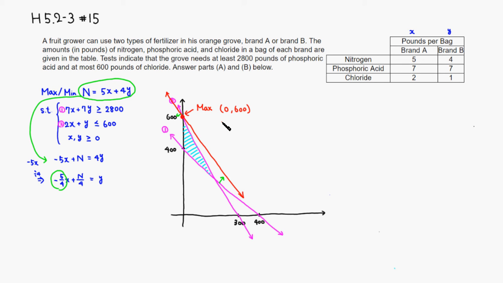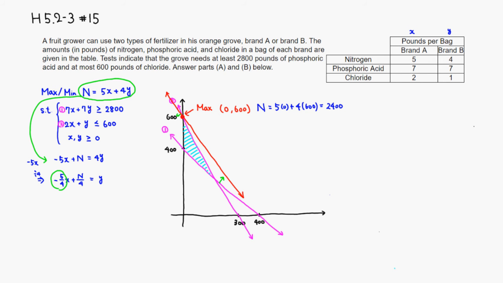So let's type it in. Actually, we have to get the value first. At that point, N is going to be 5 times 0, which is 0, plus 4 times 600, so it's going to be 2,400.